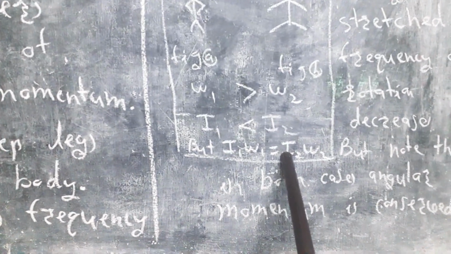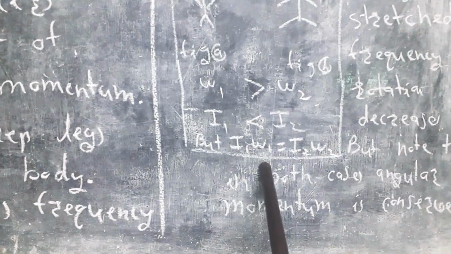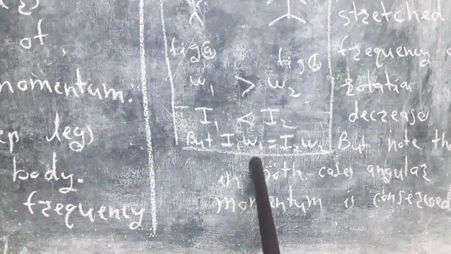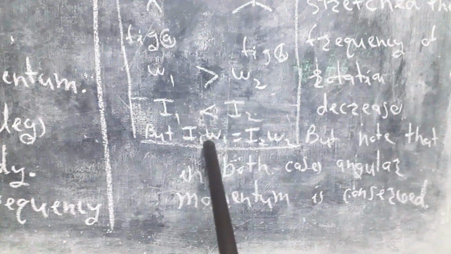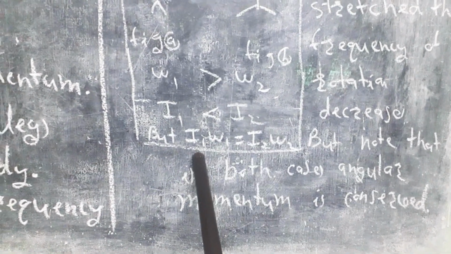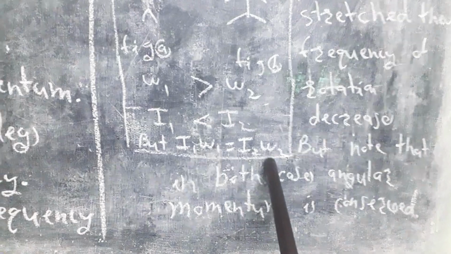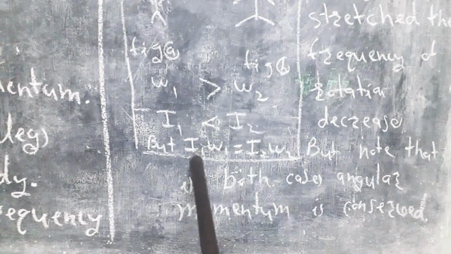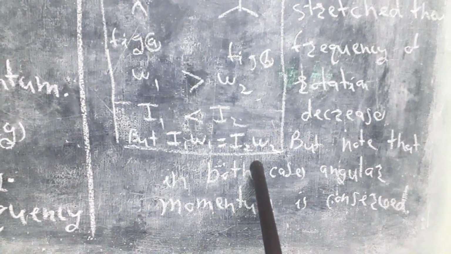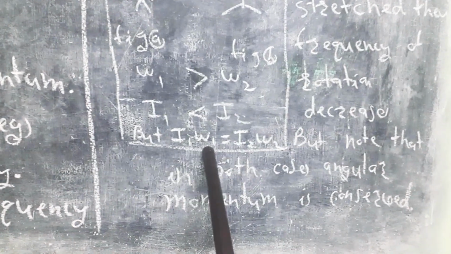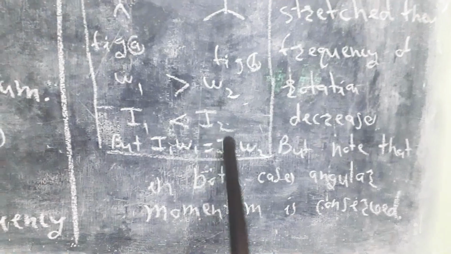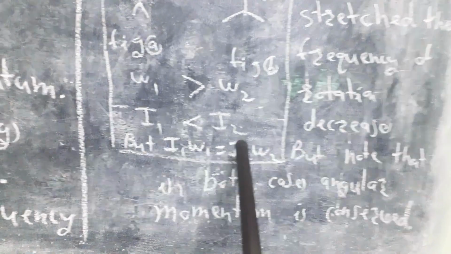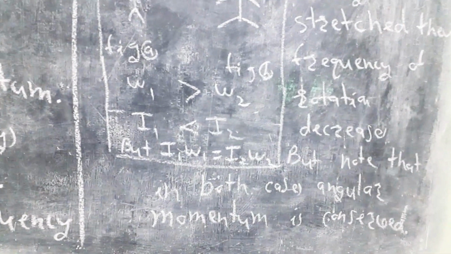But the important thing is that in both cases I1 omega 1 is equal to I2 omega 2. Both are equal. That means there is no change in angular momentum. Angular momentum remains constant in both cases. Only the values of I and omega change. In this way, we can explain the first example of the ballet dancer.